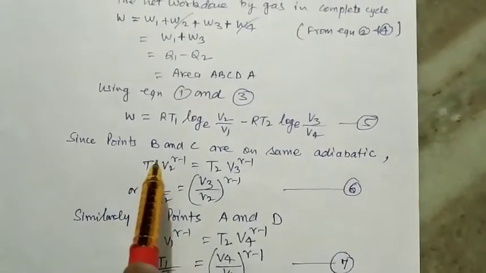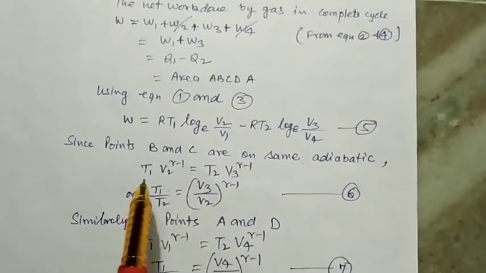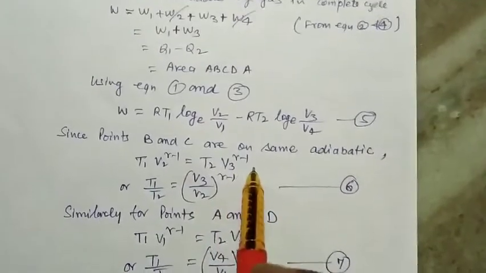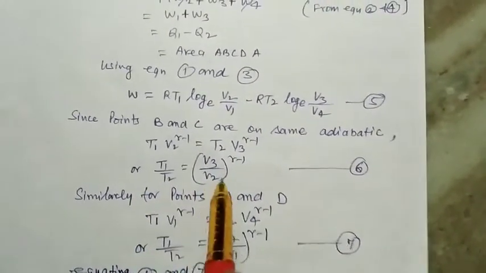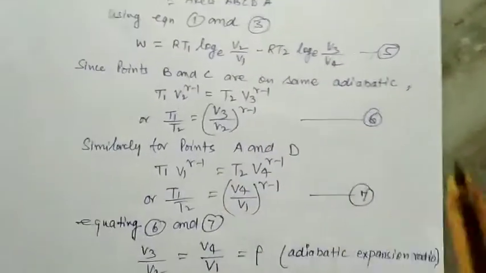Since points B and C are on the same adiabatic, therefore T1 V2 gamma minus 1 is equal to T2 V3 gamma minus 1, or T1 upon T2 is equal to (V3 upon V2) gamma minus 1, equation number 6.